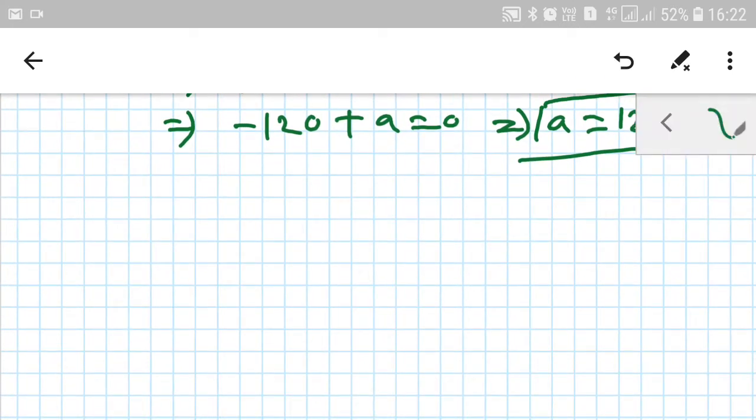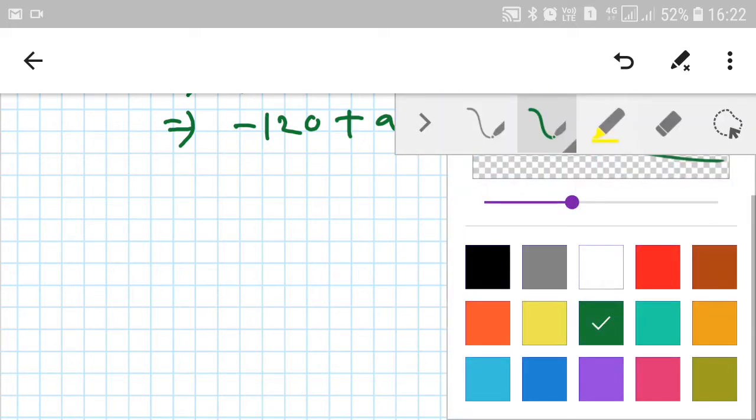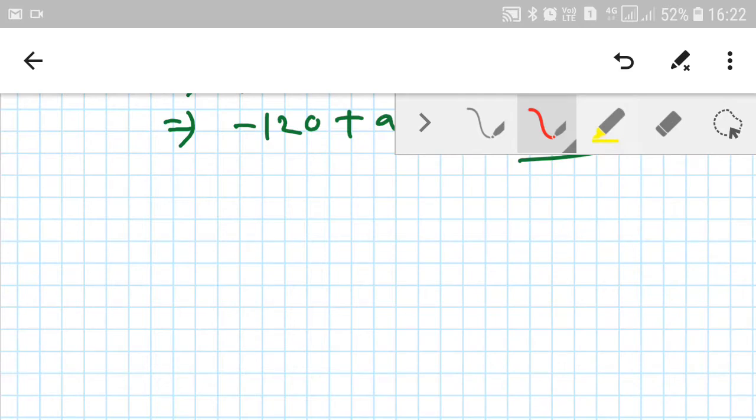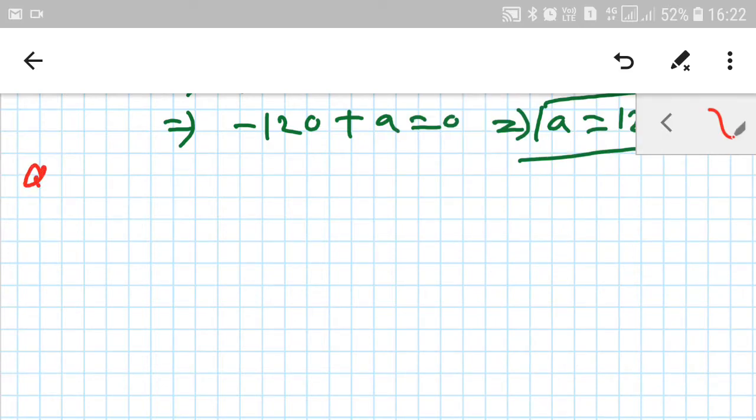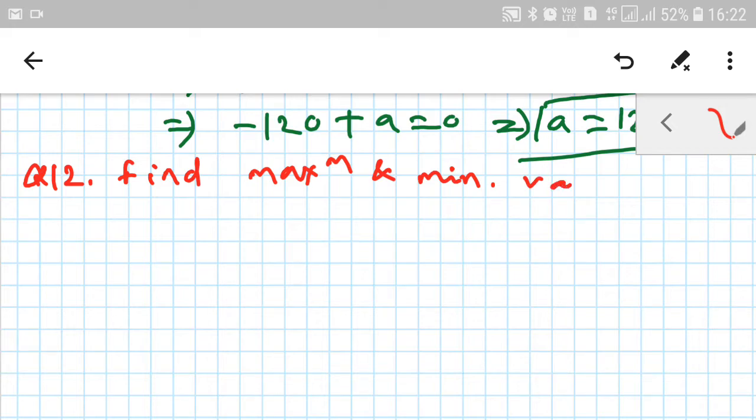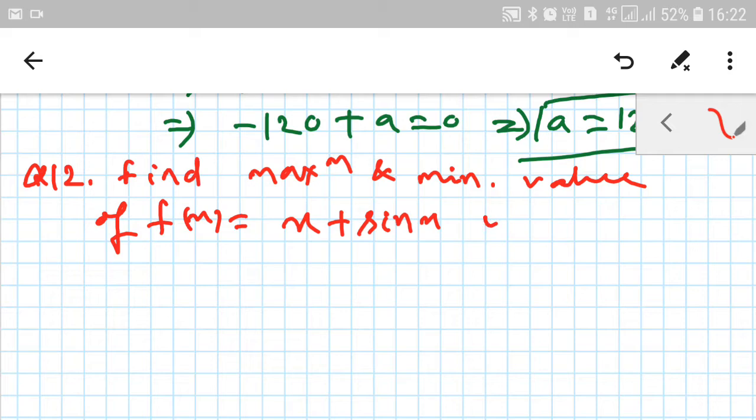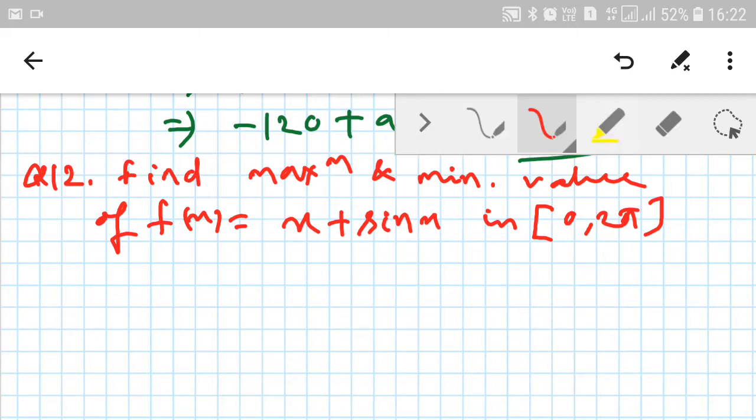In our question number 12, it has been asked to find the maximum and minimum value of f of x equals x plus sin x in the interval 0 to 2 pi, right? Now let us solve this question.